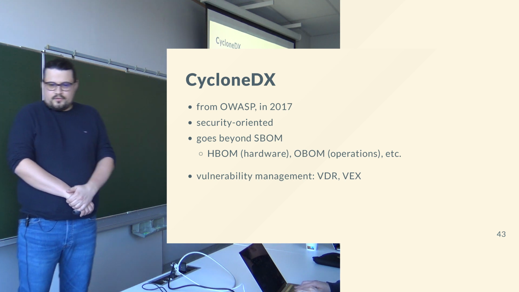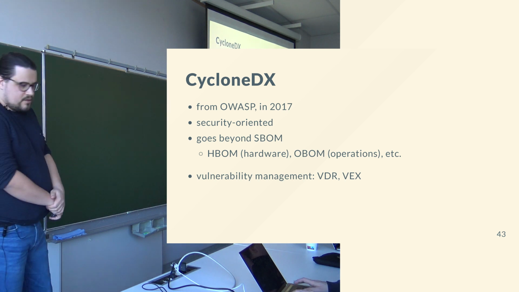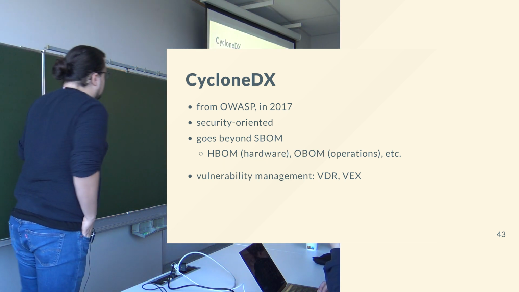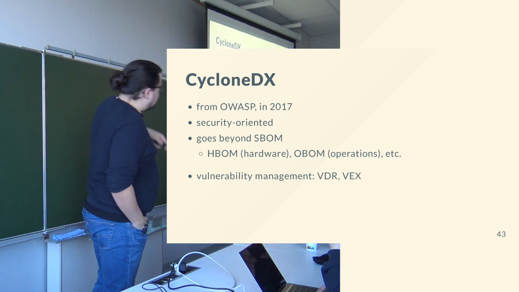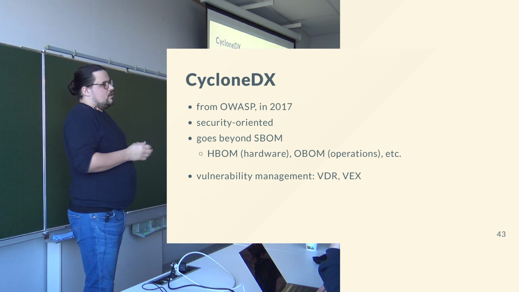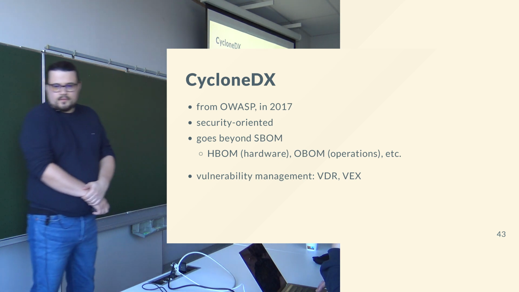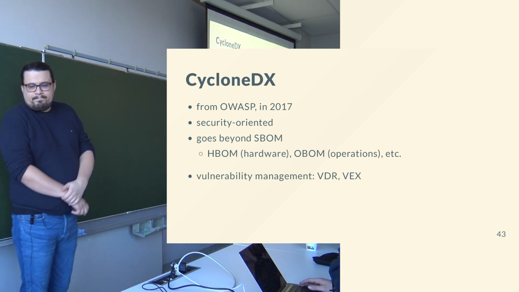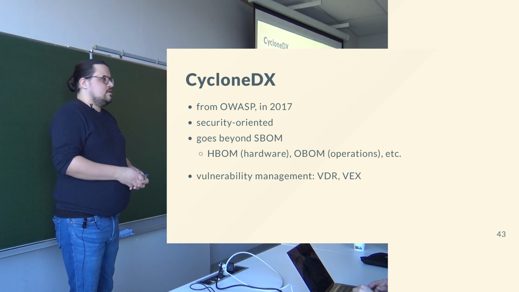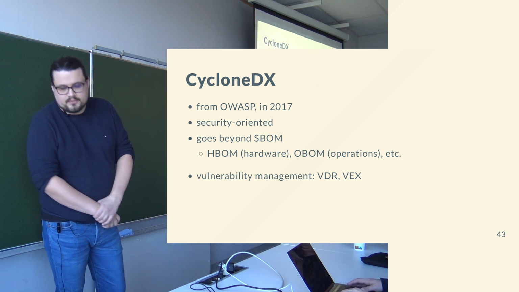It has been thought for it from the beginning, so the whole Cyclone DX project goes beyond simple software bill of materials, as it also includes more general stuff like hardware bill of materials, operations bill of materials, and so on, to describe more broadly the context in which the software was built. Because knowing the list of software is good, but knowing the context it was built may also be important. So that's additional information that can be important.